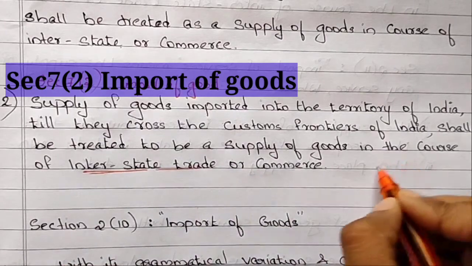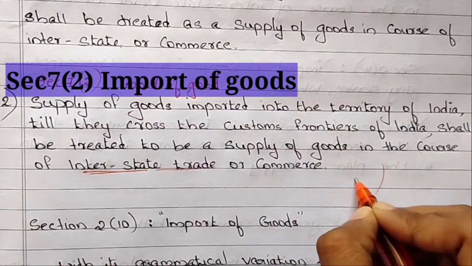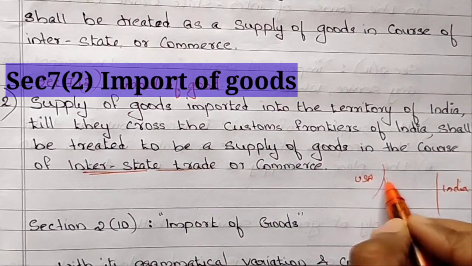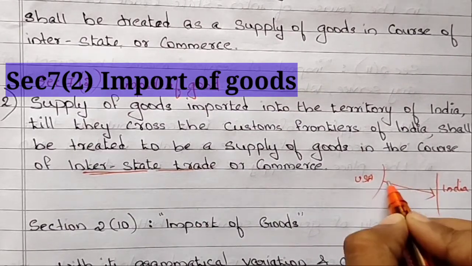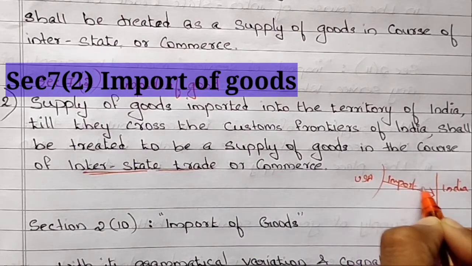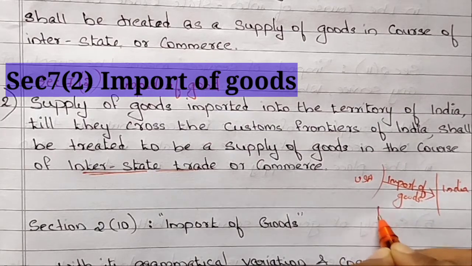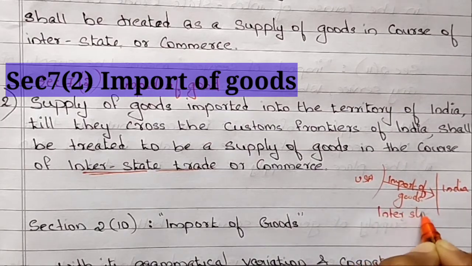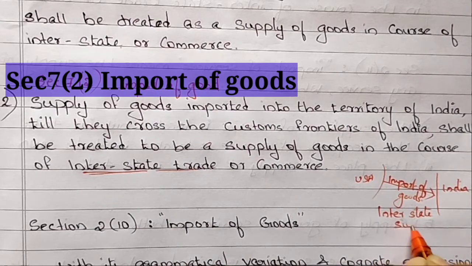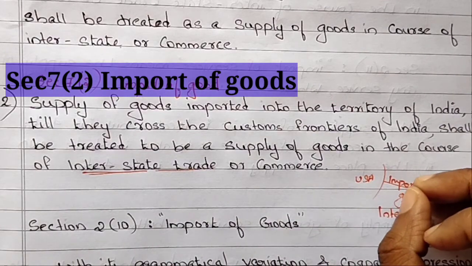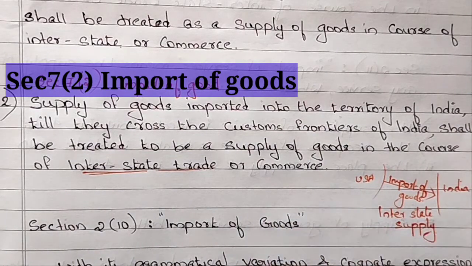If you are importing goods from the USA to India, then import of goods from the USA to India is also considered as interstate supply. So section 7(2) states that if the goods are imported into the territory of India, then it shall also be treated as interstate trade.